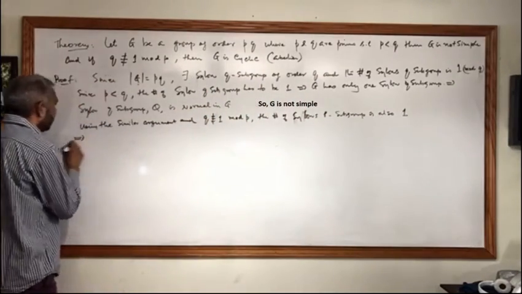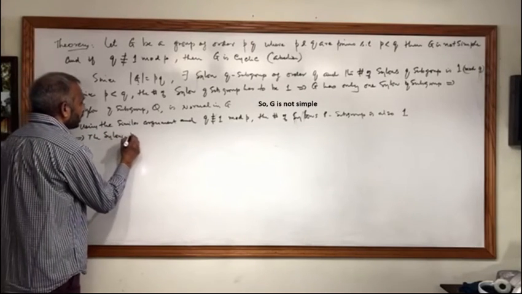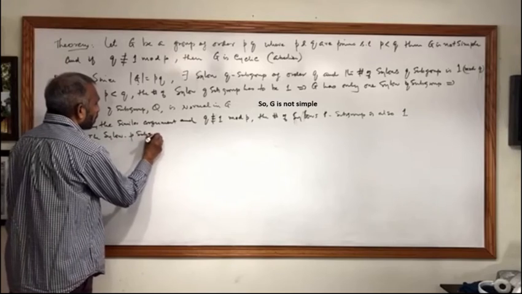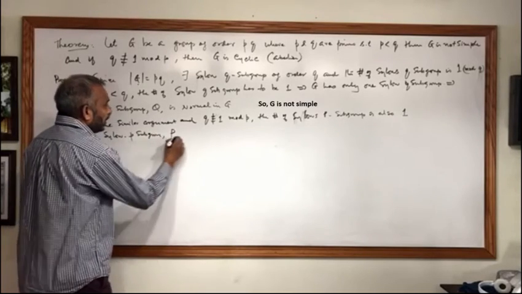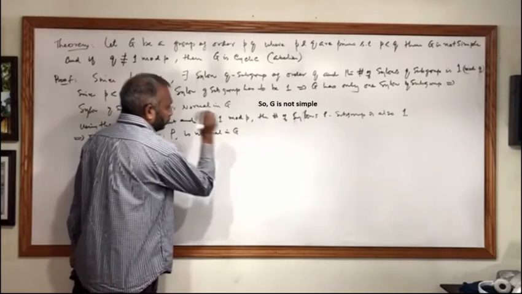Implies the Sylow P subgroup, let's say P, is normal in G.